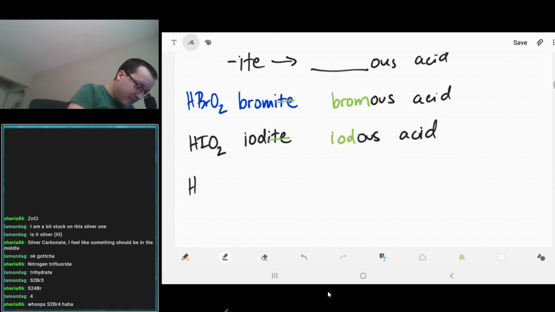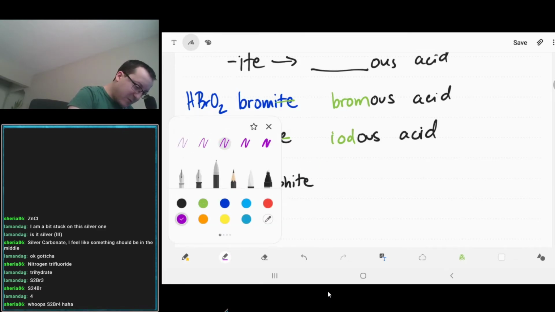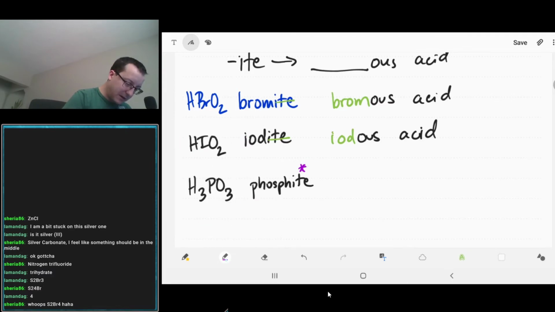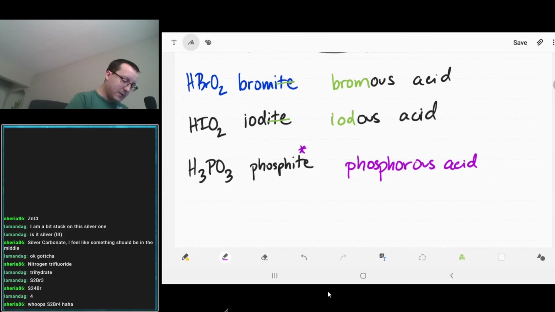I guess we can do the phosphorus one. This is phosphite. We have something special here. Remember, sulfur and phosphorus kind of do weird things. This one is going to be phosphorous acid. With sulfite, we also had a kind of special one.